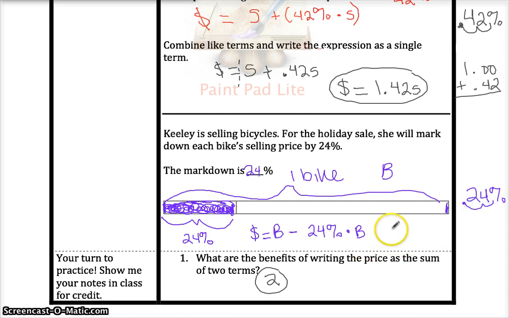That changes it to the cost we pay is B, oops, that's B, minus 0.24B. Sorry, I'm writing on that black line there, but it's 0.24B. And then we can combine like terms. And remember that a B without a number in front of it is just like having 1B.